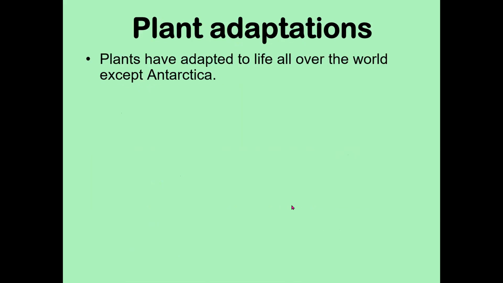So now plants adapt, wherever they are. If they can't adapt, they die. So they're everywhere in the world except Antarctica. I think they've got some lichen down there, but lichen are not your normal plant. They're a combination of fungus and alga. The alga live inside the fungus.